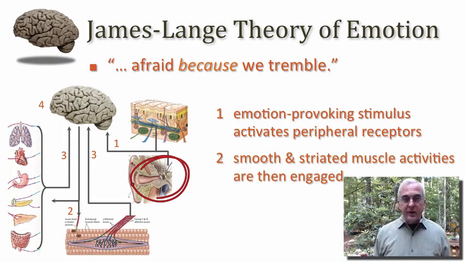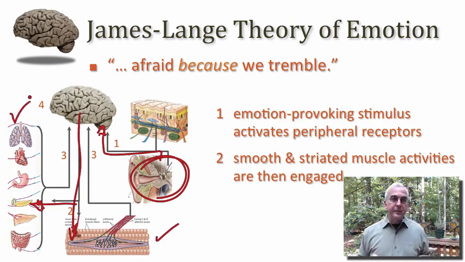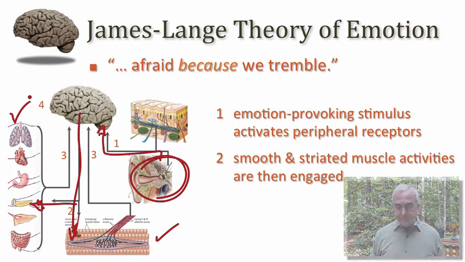So what James had in mind was that this emotion-provoking stimulus would be processed through our sensory systems, and this would lead to something like a reflexive activation of our motor system, both our somatic motor system and our visceral motor system. So smooth and striated muscle activities would be engaged.